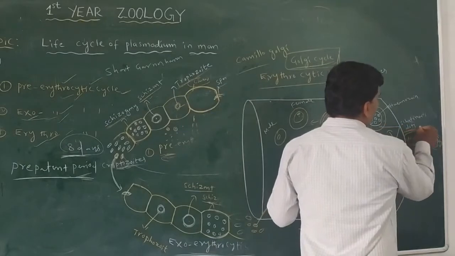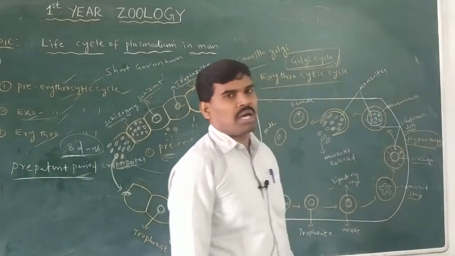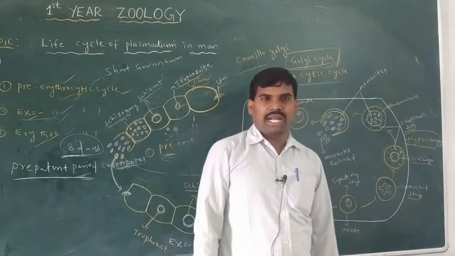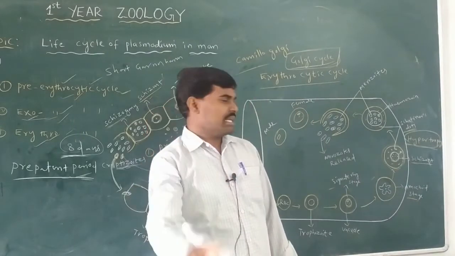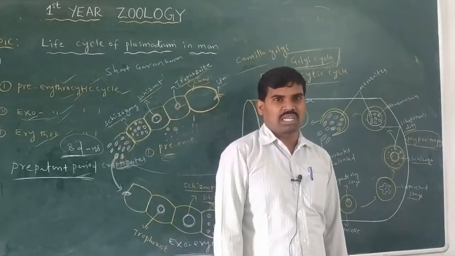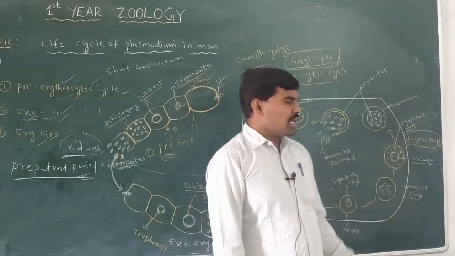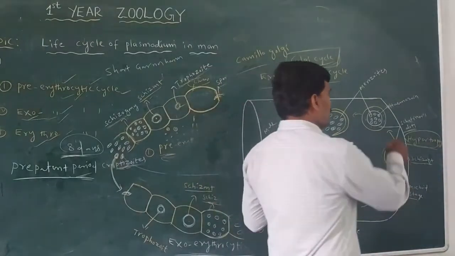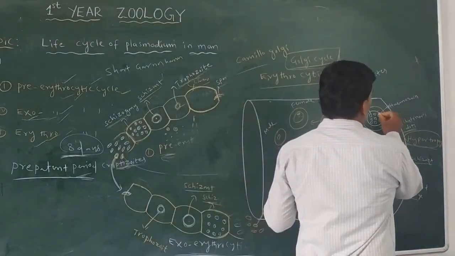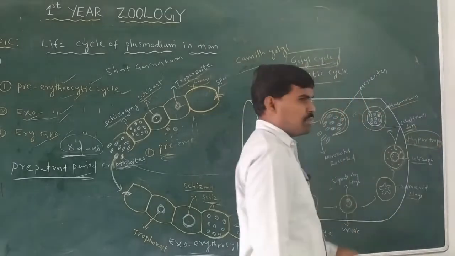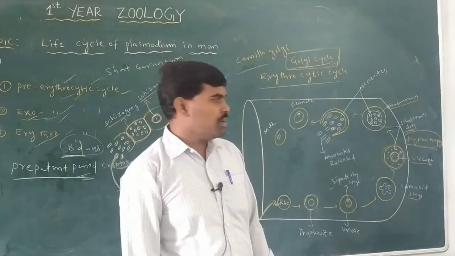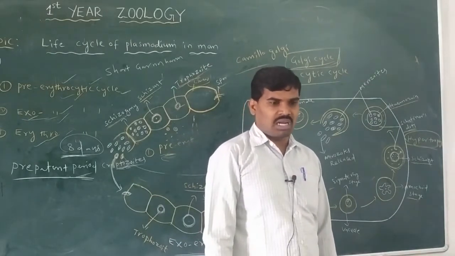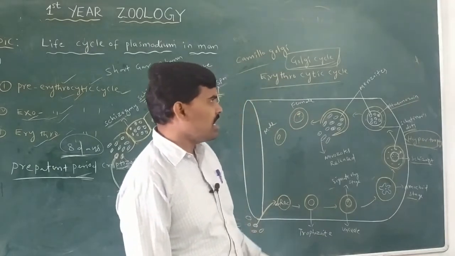These granules are called Schüffner's dots. Schüffner's dots are malaria pigments. Whenever these red-colored spots are released into the blood, the hemoglobin is toxic. Whenever it is released into the blood, it immediately shows its toxic nature.